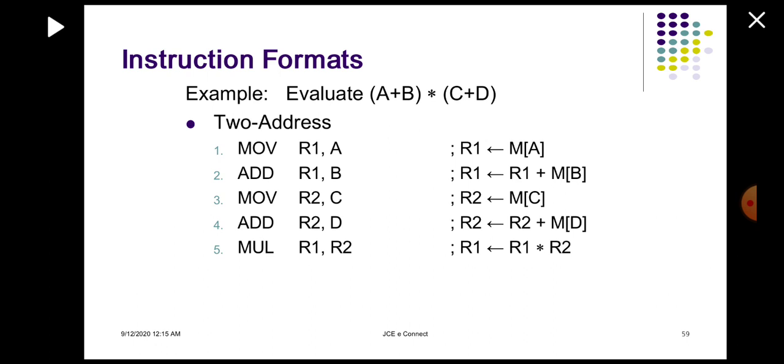Then the result can be moved into the memory location with MOV X, R1, because R1 is a general purpose register. If you want to store it in memory, you have to move the data using MOV X, R1.